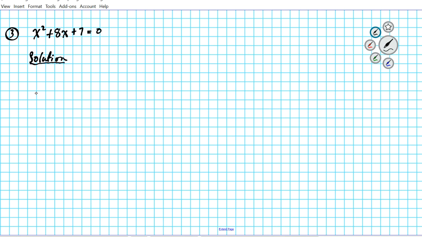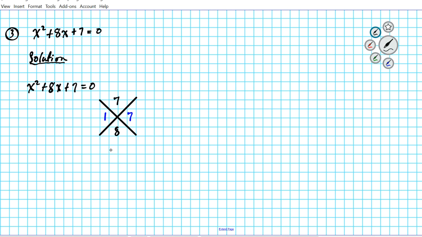There is no GCF that can be factored out, so we're going to jump right to the x game. So AC in this particular case is 7 and B is 8. So the two numbers that multiply to give you 7 and add to give you 8 is 1 times 7.